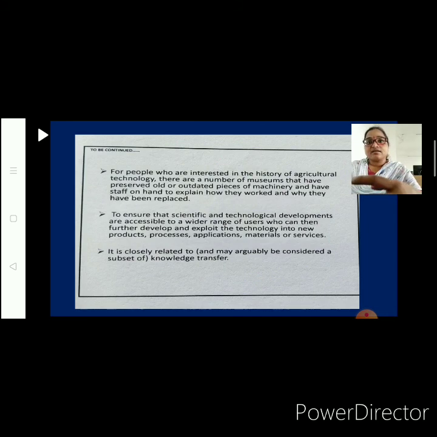These institutions carry out different activities with the farmers, and the technology is given to the farmer on their field, on their site locations.